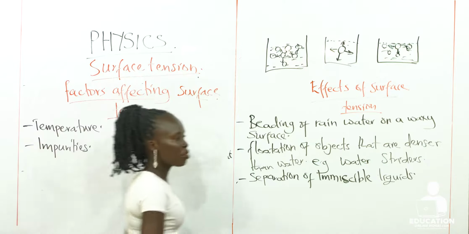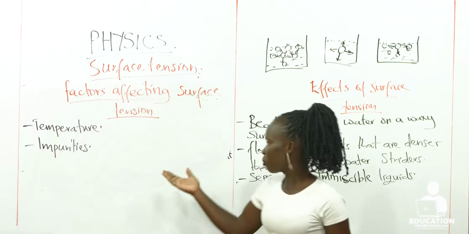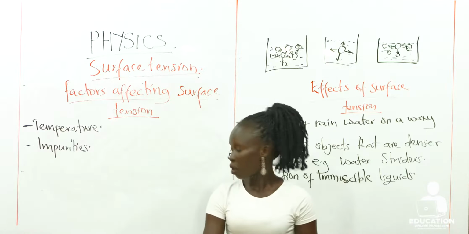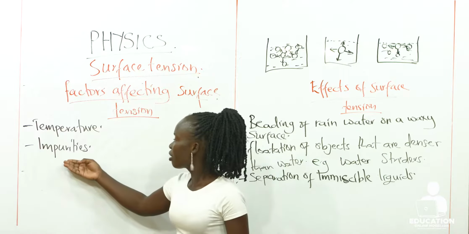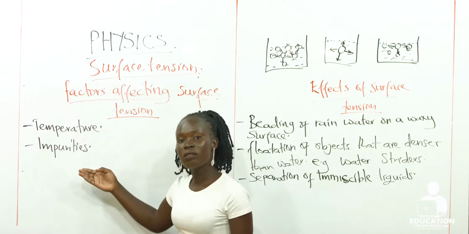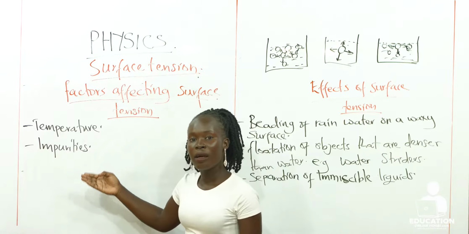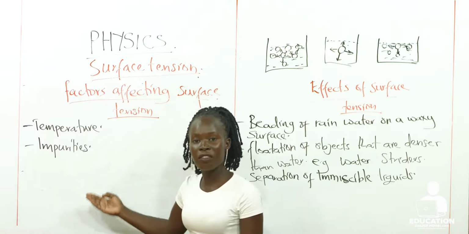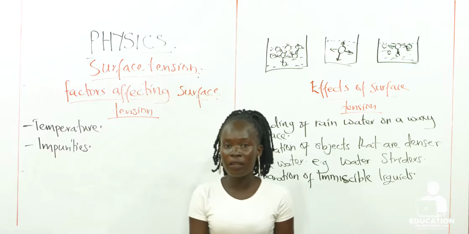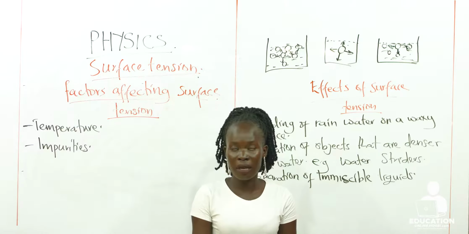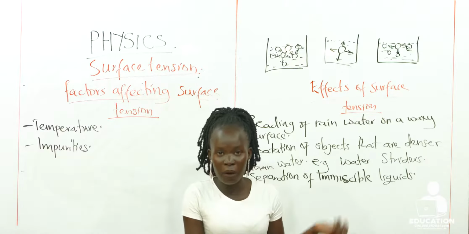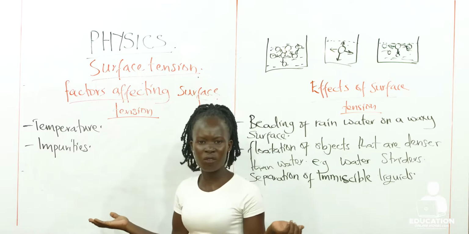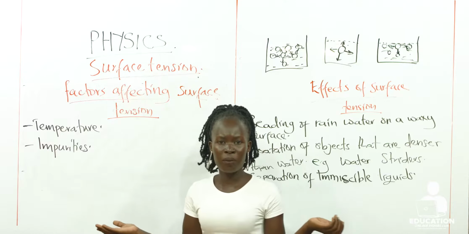So what happens when you add these impurities into liquid? These impurities tend to also reduce surface tension, but it depends on the level of contamination of the impurity. The impurities we are talking about can be powdered soap, or salt. Salt is also an impurity.